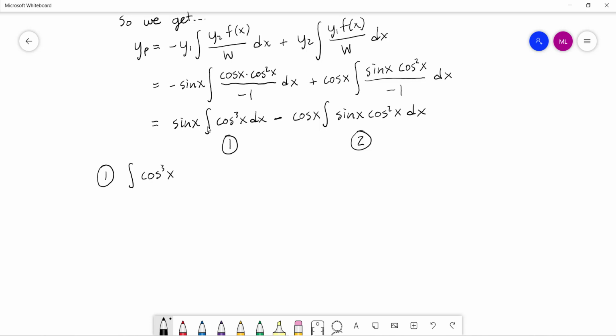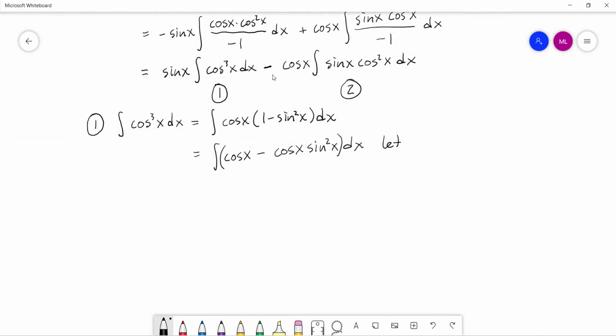And we'll come back and worry about the sine of x in front of it in a minute. So for this one, I'm going to peel off the cosine squared and rewrite that as 1 minus sine squared. So we've got the integral of cosine of x times 1 minus sine squared of x dx. That's the same as the integral of, distributing through, cosine of x minus cosine x sine squared of x dx.